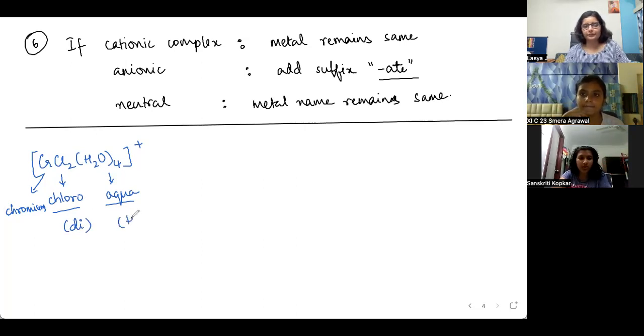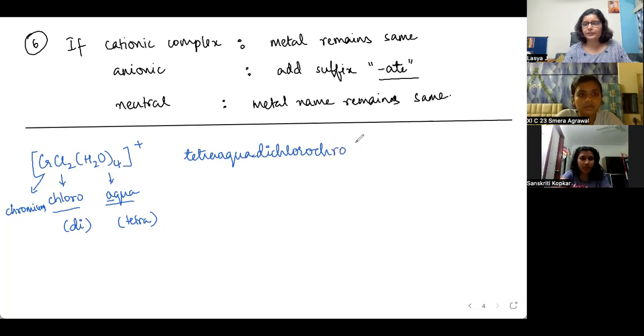Tetra. Putting it all together, start with tetraaqua, then dichloro, and then the metal.